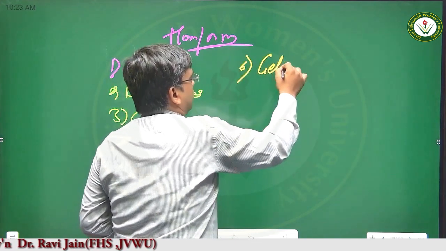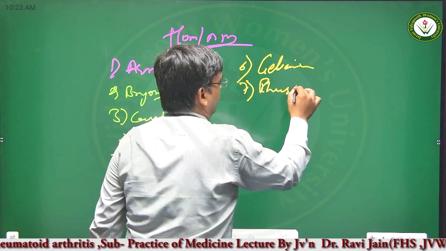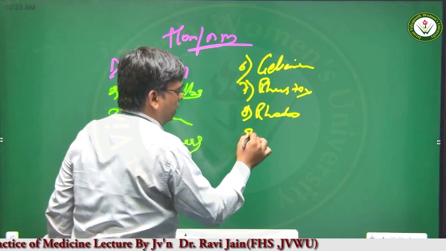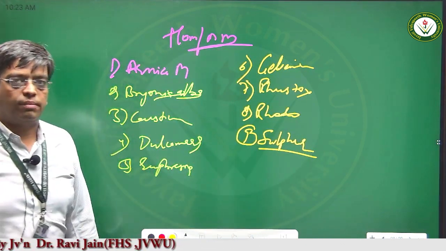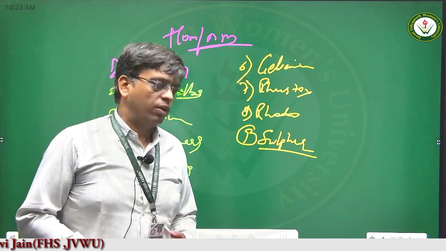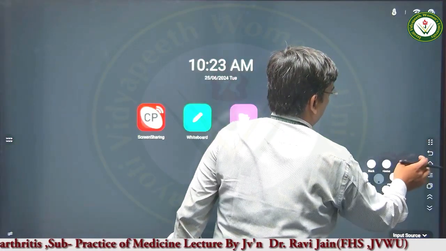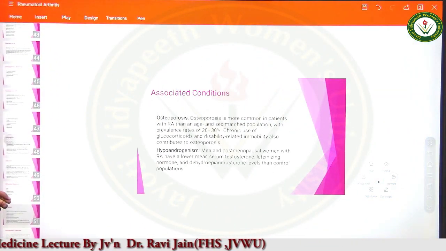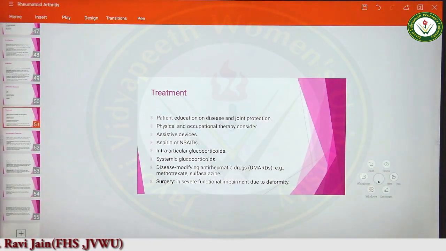We have Gelsemium, which also offers some pain relief. Rhus tox, Rhododendron, and we also have other medicines that can be given on the basis of symptom similarity in case of rheumatoid arthritis. These are the disease conditions for which we can give homeopathic medicines.